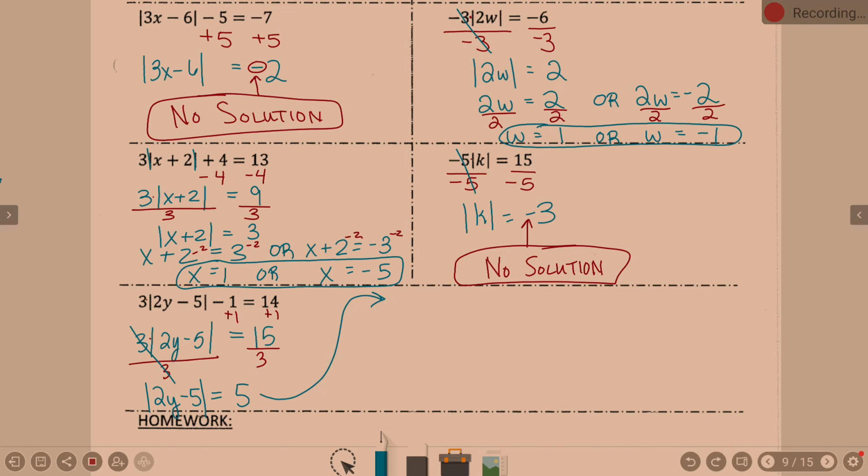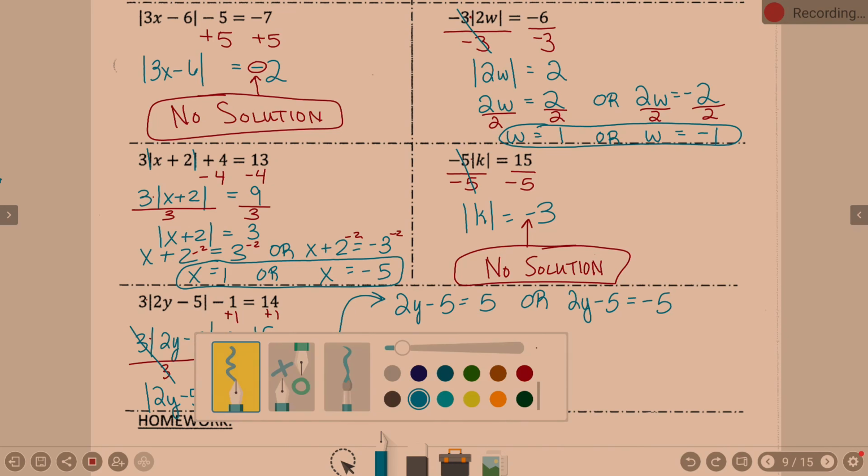One of them is equal to the given positive, so 2y minus 5 equals 5. Or the other is 2y minus 5 equals negative 5. And now we're back to solving.